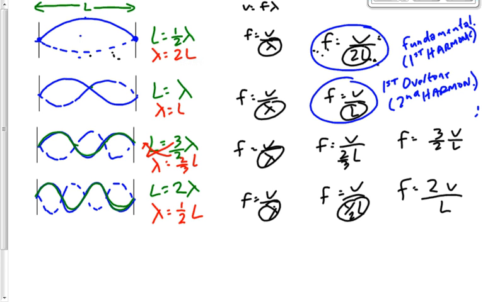Notice the second one, F2, is twice the value of F1. V over 2L, 2V over 2L, or just V over L. That's exactly what we saw in the demonstration at the beginning of class. The first one happened at 4 hertz, the second one at 8, twice that.